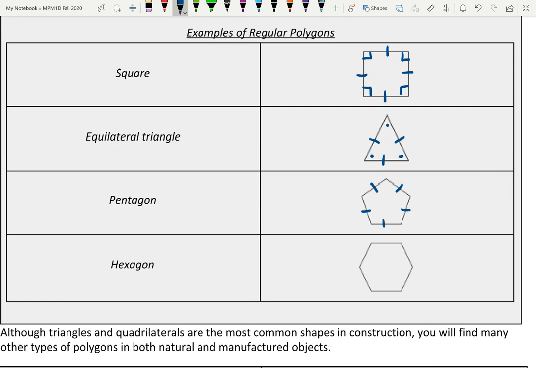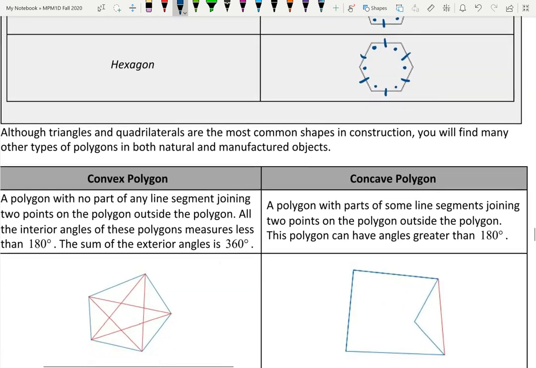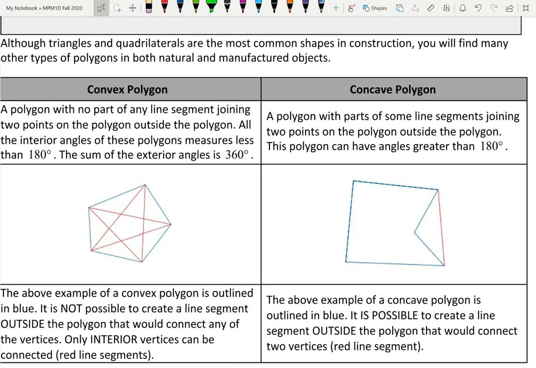All sides are equal, and all angles are equal. And then a hexagon, 6 sides equal, 6 angles equal. Notice that there are always the same number of angles as sides. That's just for you to note for the next page.